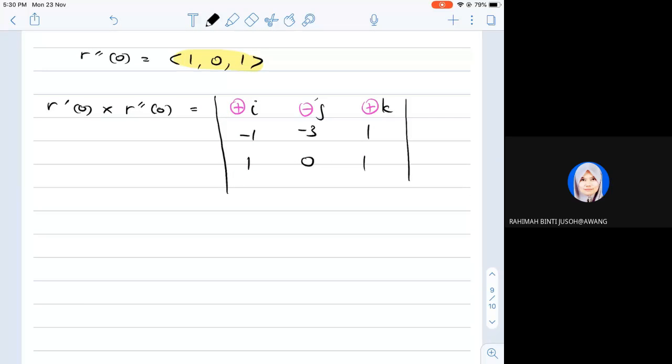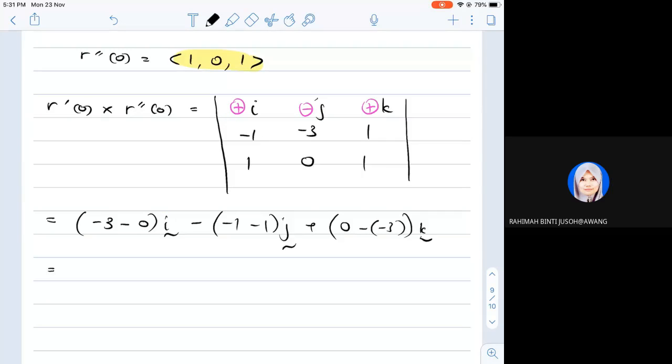Now we close the first column, which leaves the second and third columns: negative 3 minus 0 i, minus, closing the second column, negative 1 minus 1 j, plus 0 minus negative 3.